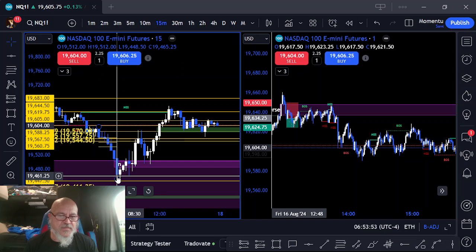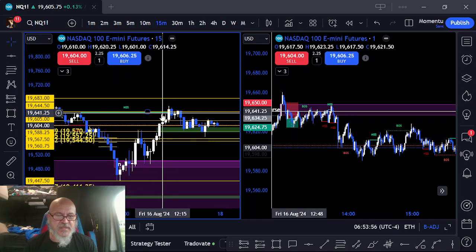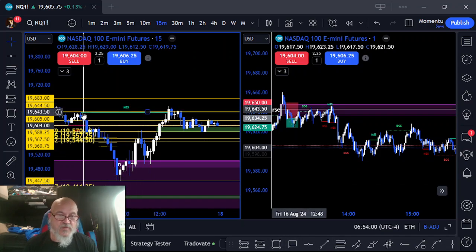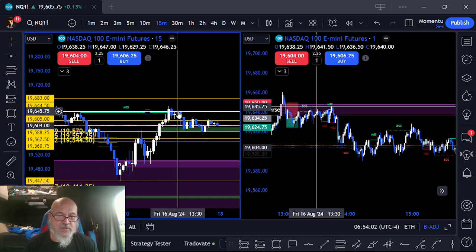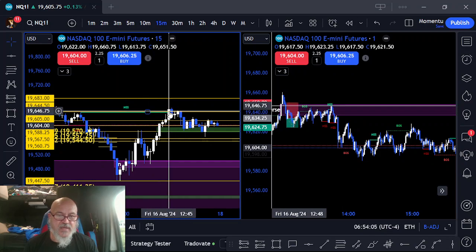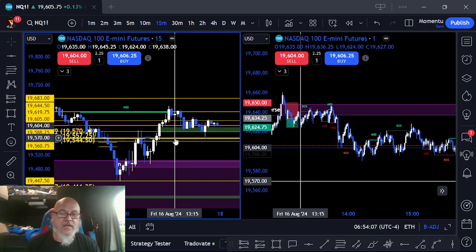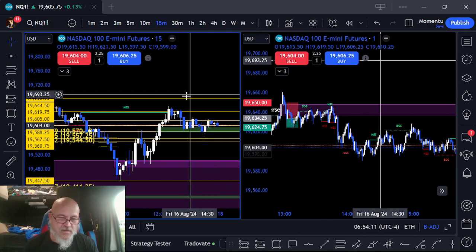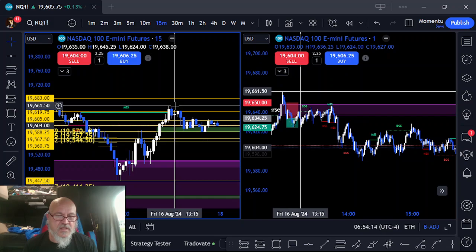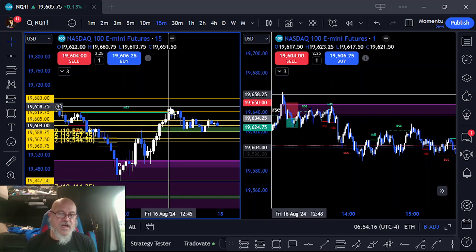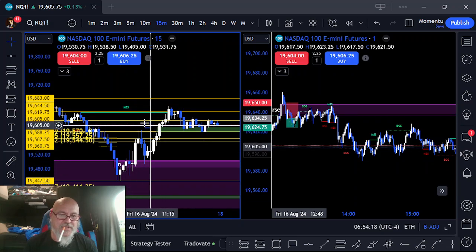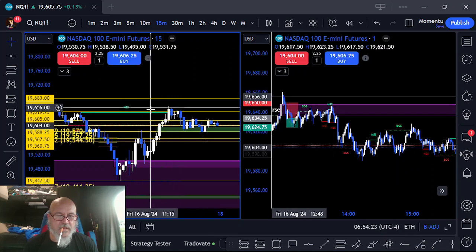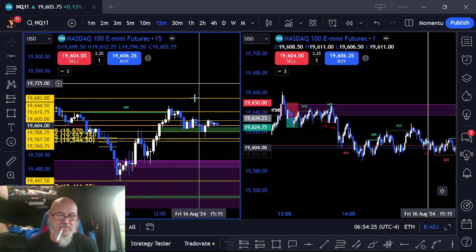Because this is displacement, we broke the high, we took liquidity from a high and a time-based liquidity, so I'm looking for a pullback to come to the 6.2 so that I can then go long to take out this high, because we've changed market structure, and now could possibly be going higher.